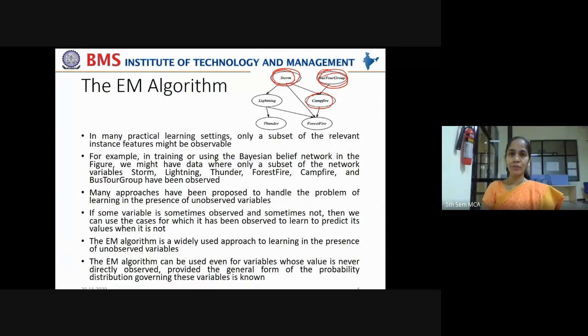If some of the values of campfire are available and some are not available, the learning system will learn from the available values of campfire and it will determine the unavailable values of campfire. That is one case. Suppose none of the campfire values are available. In that case, it will try to understand its parents' data distribution. And from learning the parents' data distribution, it will be able to guess the distribution or values of the campfire. That is the second case.